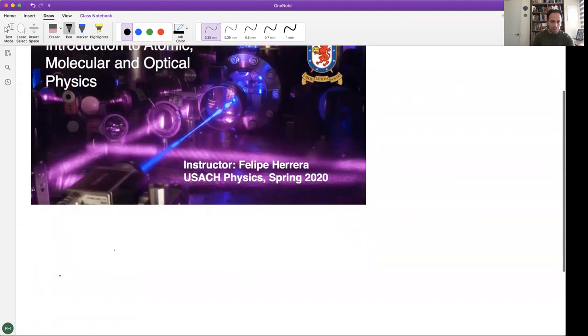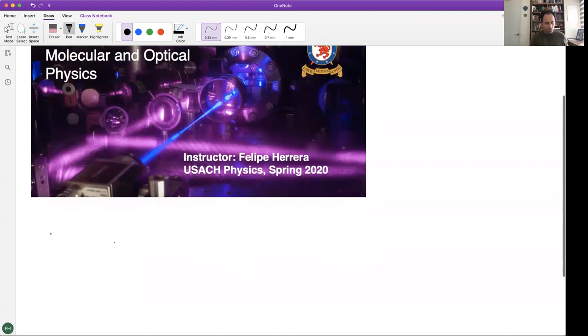Let me briefly review what you probably already learned in undergraduate physics, and also in your previous graduate courses, on angular momentum. So in classical mechanics, angular momentum is a vector with well-defined magnitude and orientation.